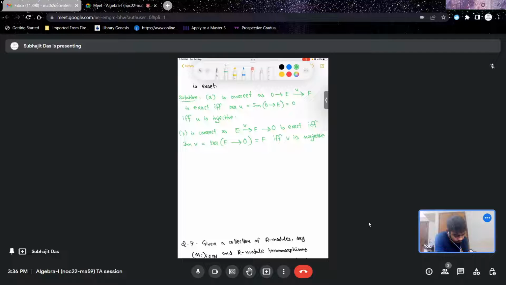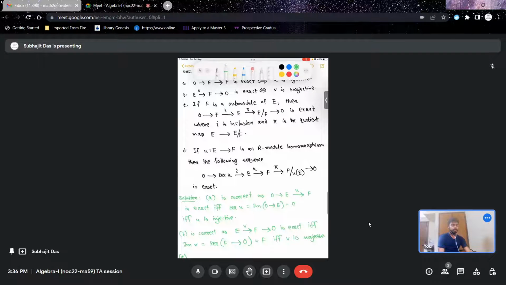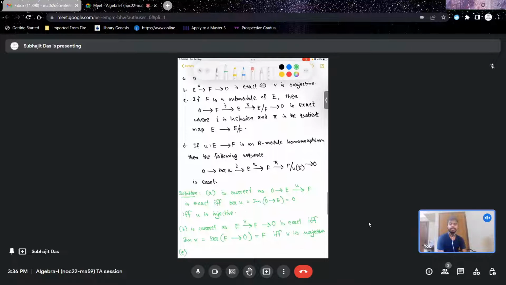Okay. So what about option C? If F is a submodule of E, then 0 to F to E to E mod F to 0 is exact, where I is the inclusion and pi is the quotient map from E into E mod F. Pi is precisely the quotient mapping of E onto E mod F, the canonical surjection.